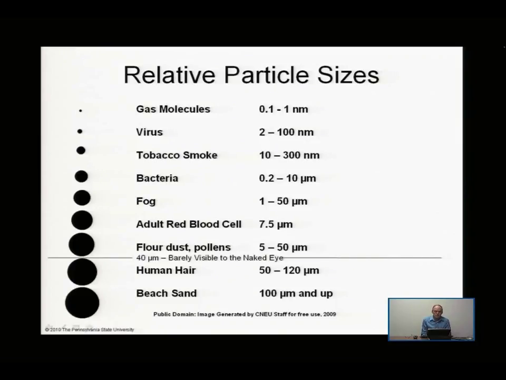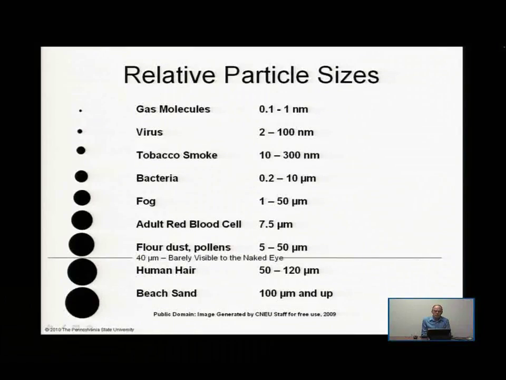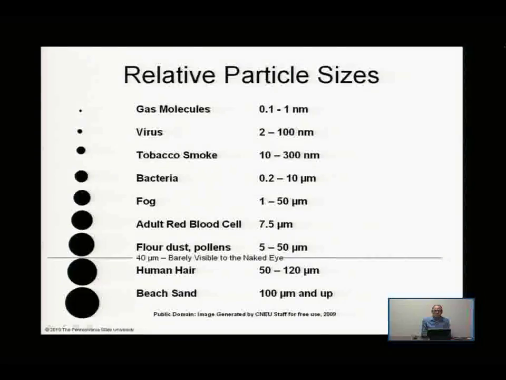Another common particle that one encounters in nanofabrication is viruses. We know these are nature's nanoparticles, all over the place, and viruses can be in the 2 to 100 nanometer diameter range. The particles, the aerosols in tobacco smoke, can be in the 10 to 300 nanometer range.